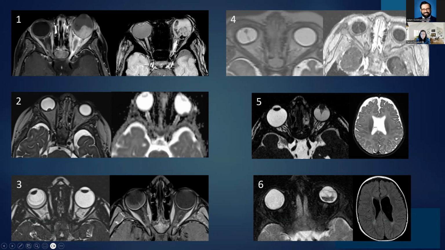Number 4, T2 and also post-contrast T1. Patient number 5, I give you the orbit image on the axial T2 and also the axial brain T2. And patient number 6, I give you the axial T2 and also the axial brain FLAIR images. So if you can write down your diagnosis on each patient, that would be great. And we can have the answers at the end of the lecture.